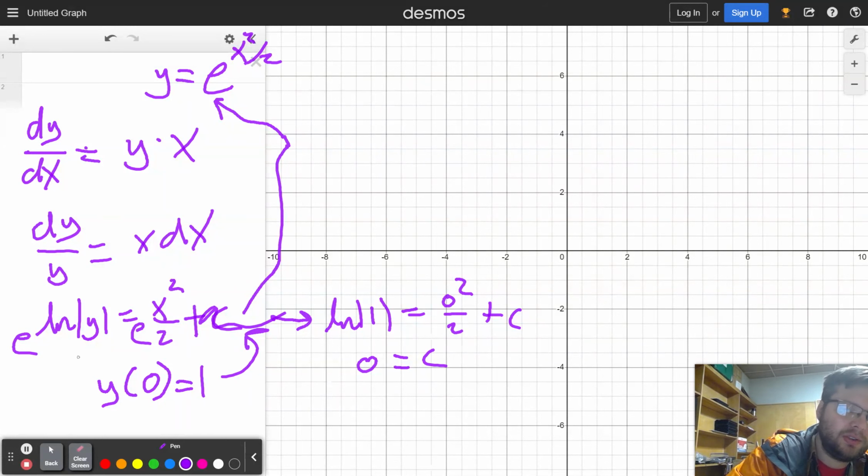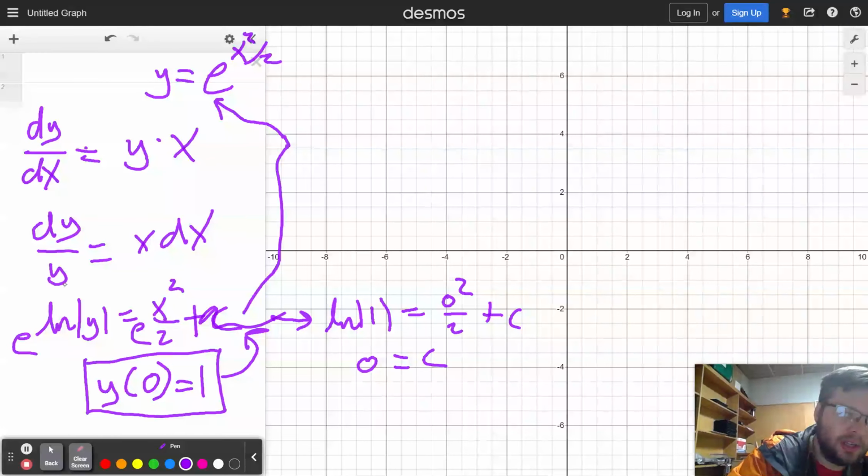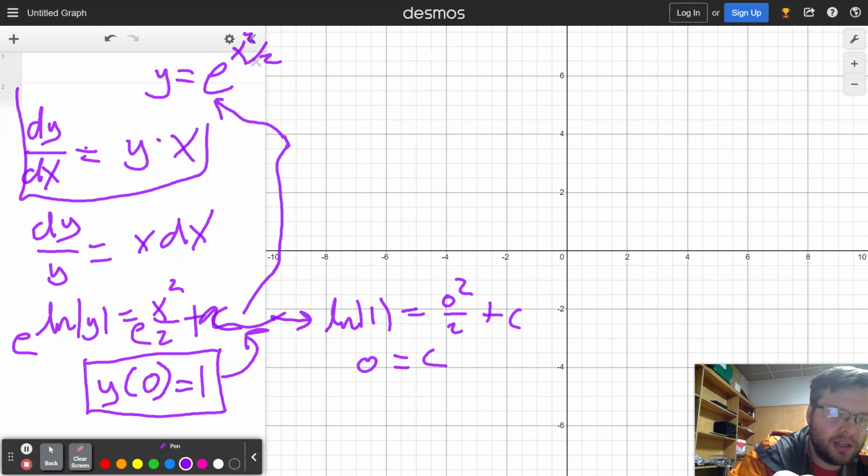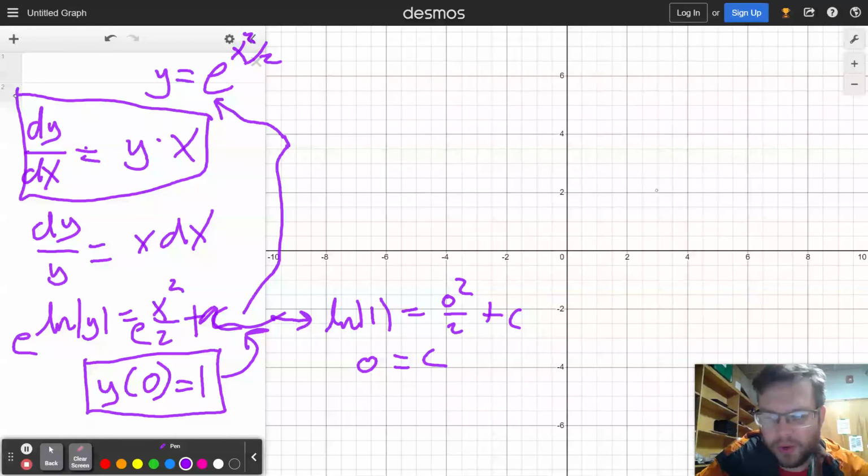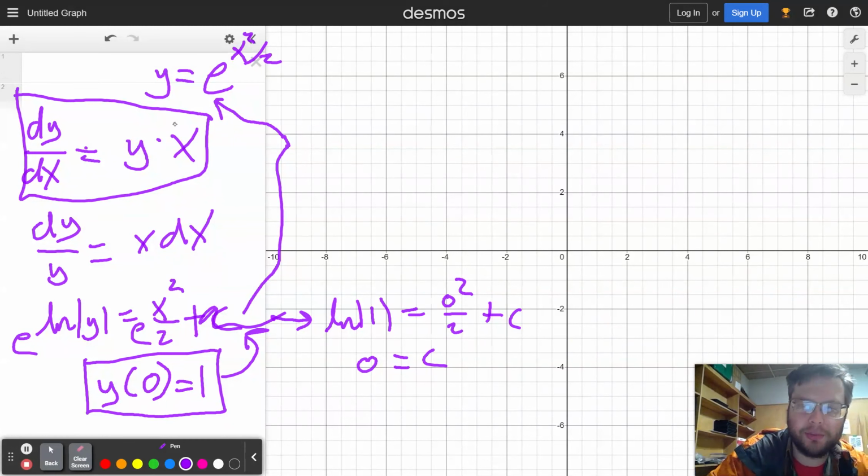What you can do is numerically approximate it by using little tangent lines. So we have our initial condition, and we have our derivative. And our derivative tells us what the slope of the tangent line is at any given point. So I can plug in x equals 0 and y equals 1 to my derivative.